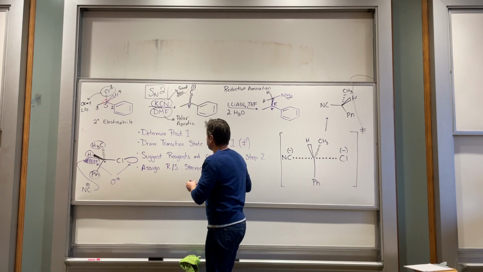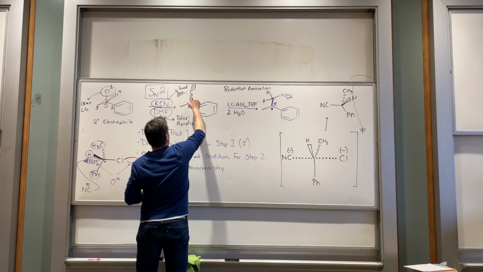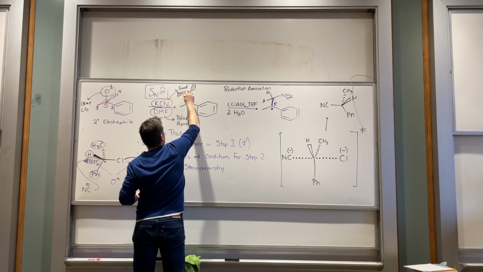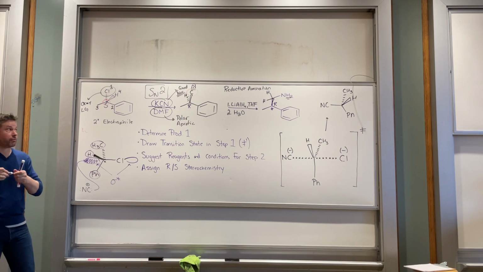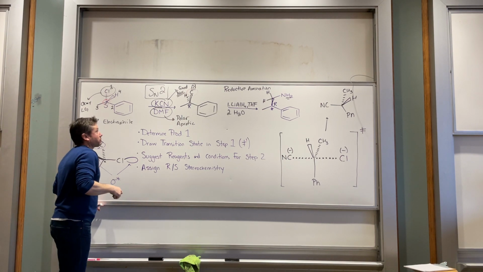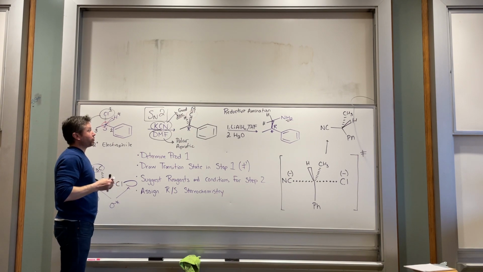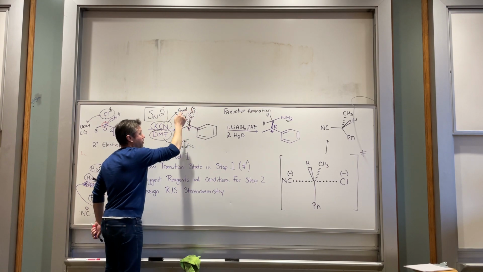But let's go through those priorities really quickly. It helps whenever you're assigning R and S to have all four substituents around that chiral center. When we look at this, we have a carbon and a carbon.